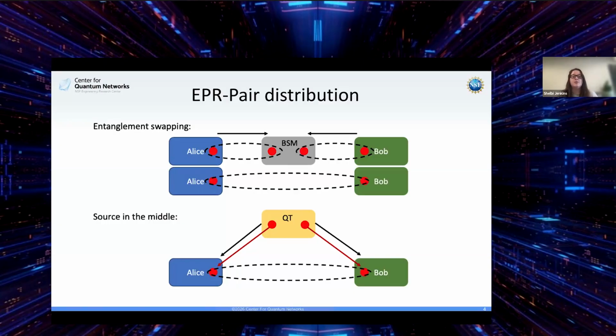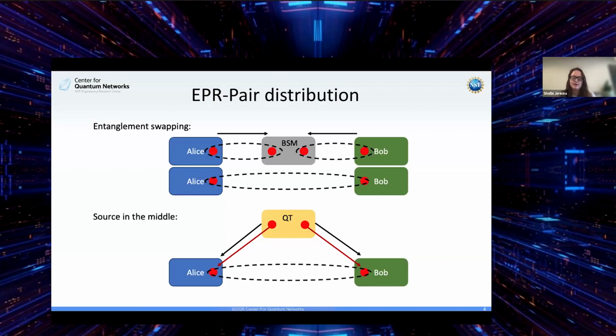So alternatively, what people are proposing is this source in the middle architecture where the intermediate node is what is actually generating the entangled photon pairs or EPR pairs, and then sending those pairs directly to Alice and Bob. This is useful because we can effectively cover twice the distance between Alice and Bob without having to do that intermediate step of entanglement swapping.